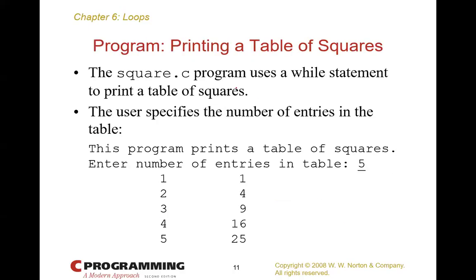So here is a code called the square program. It prints a table of squares. It asks you to enter the number of entries in the table. If you want 5 rows, 1, 2, 3, 4, 5, you provide 5.